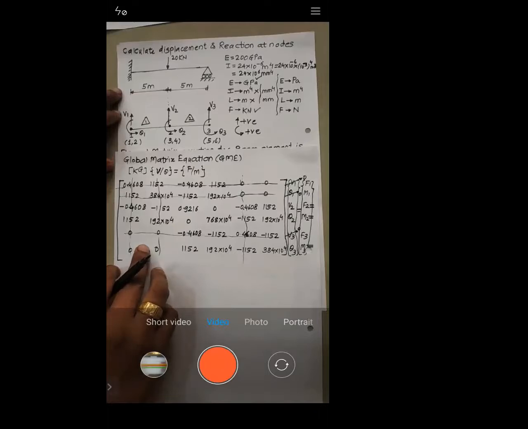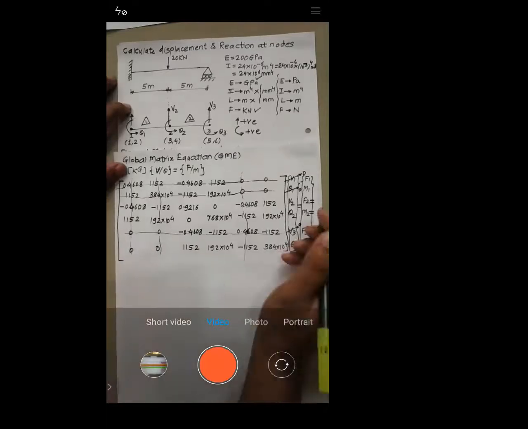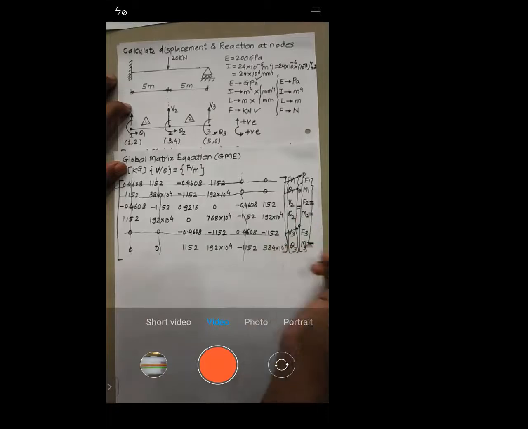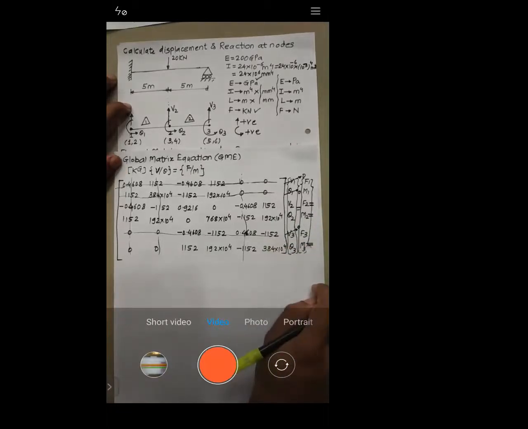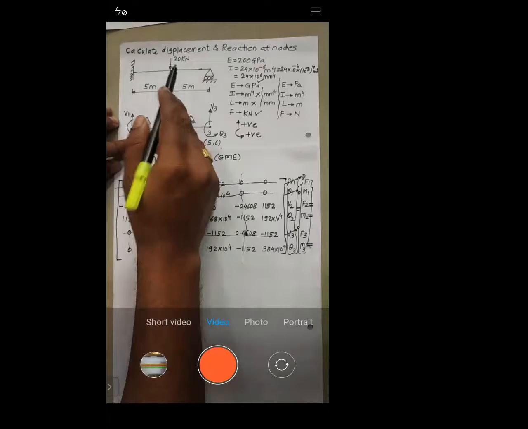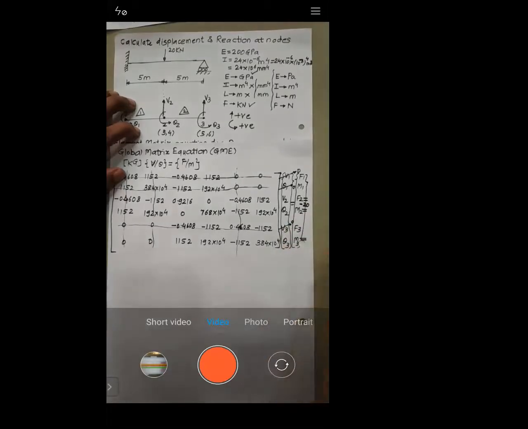F2 is the force applied at node 2. Whether you applied any force at node 2. 20 kilonewton. At node 2, how much did you apply? 20 kilonewton, right? So F2 is minus 20.